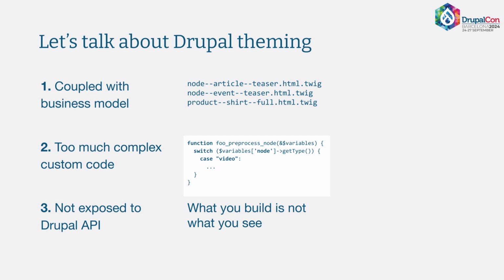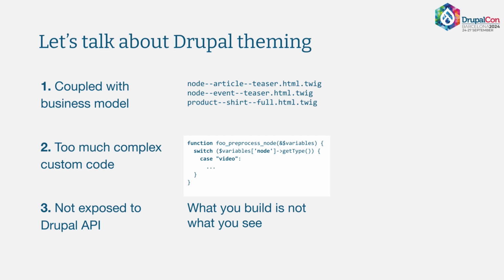So every content type has its own teaser, its own template, and inside this template we have markup, and inside this markup we have fields connected to the Drupal business model. So if you want to reuse your layout, you have to copy your content type, your template.